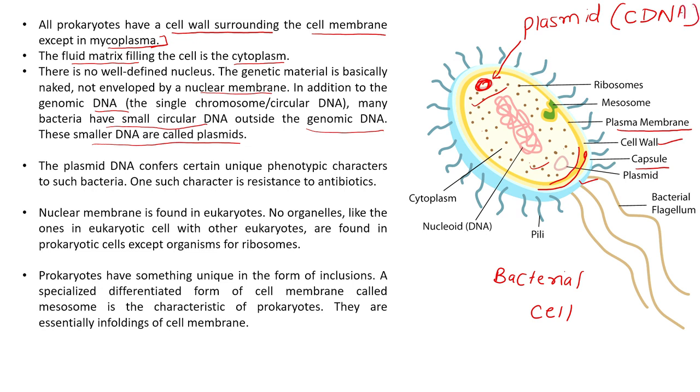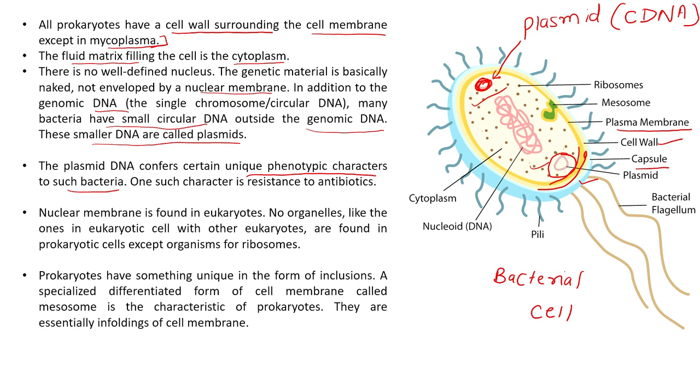The plasmid DNA confers certain unique phenotypic characters to such bacteria. One such character is resistance to antibiotics. So this plasmid helps bacteria against certain medicines which kill bacteria, providing resistance toward various antibiotics.